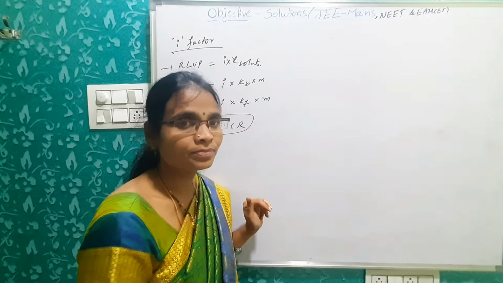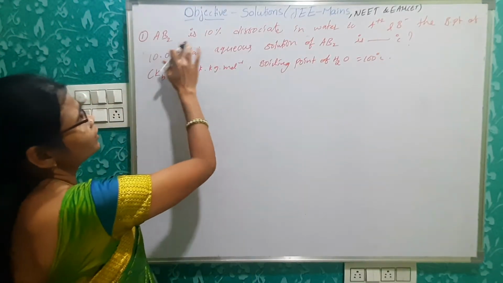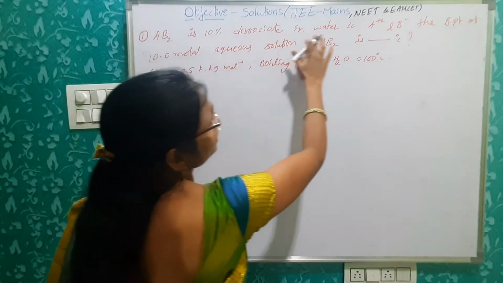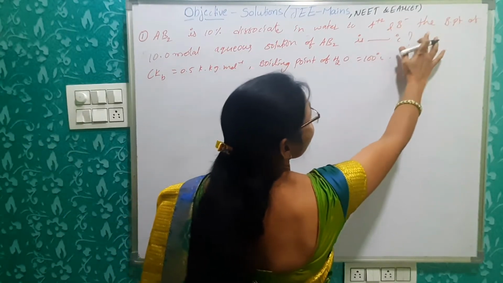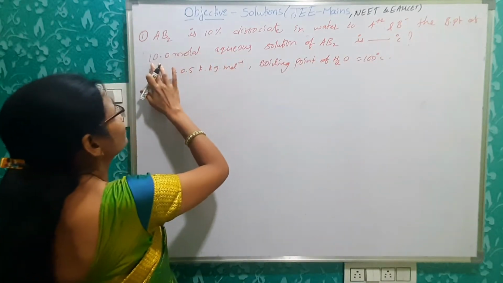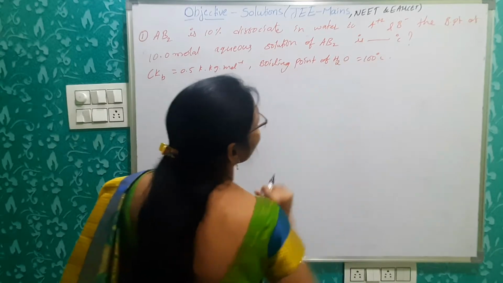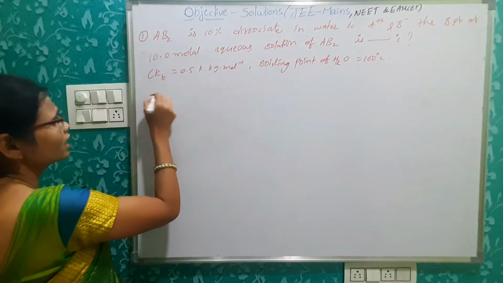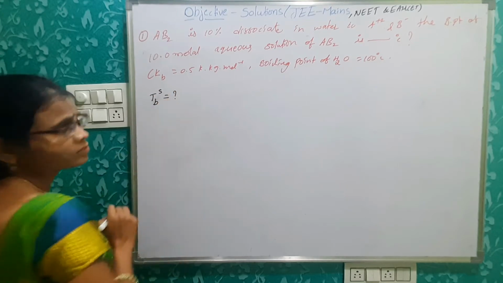Now let's do some objective bits on these formulas. Let's start. First problem. AB2 is 10% dissociated in water to A plus 2 and B minus. The boiling point of a 10 molal aqueous solution of AB2 is? Now we have to calculate the boiling point of the solution, TBS.